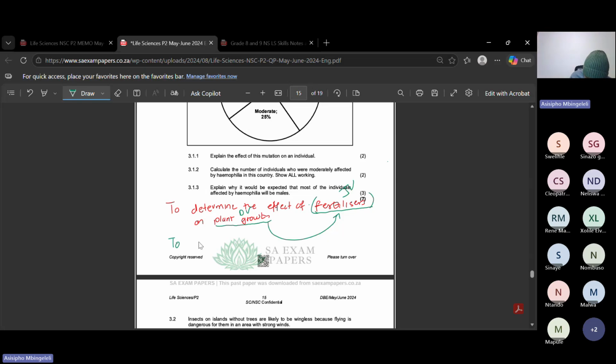I'm going to write another aim. To determine the effect of light intensity on the rate of photosynthesis. I'm not sure if you guys are going to see this.